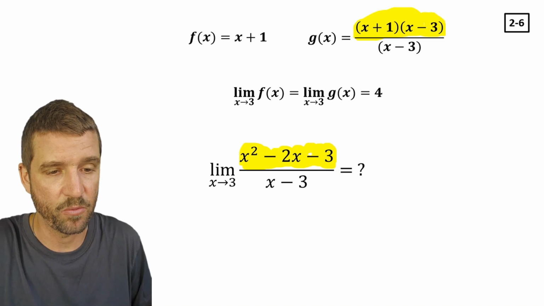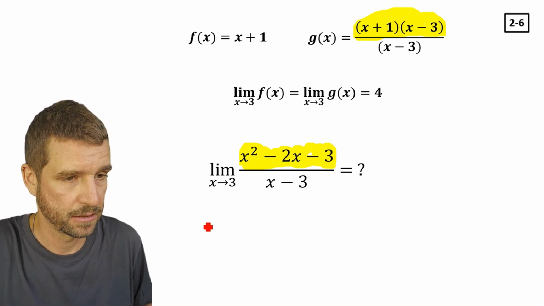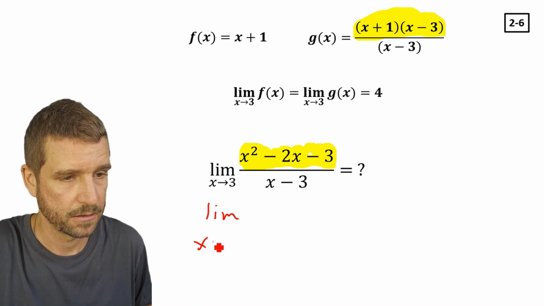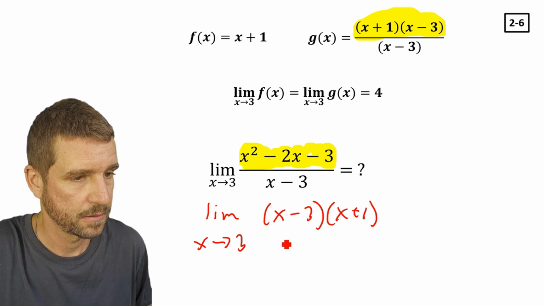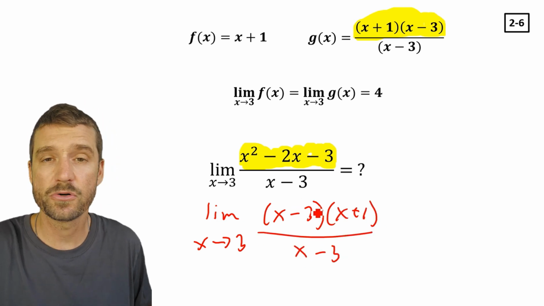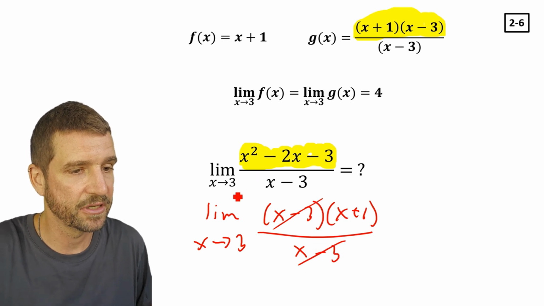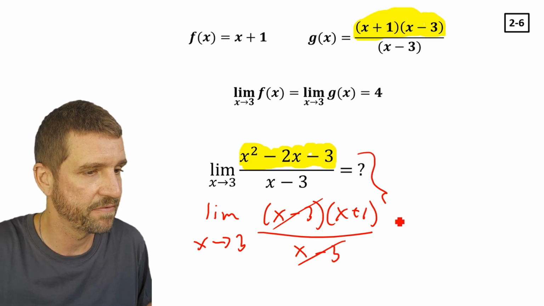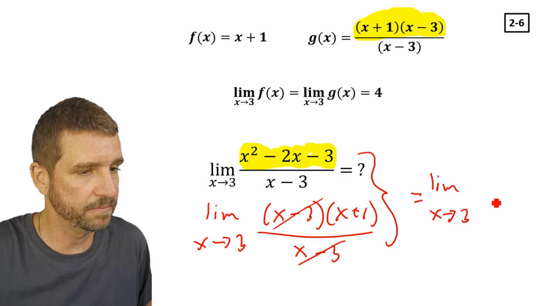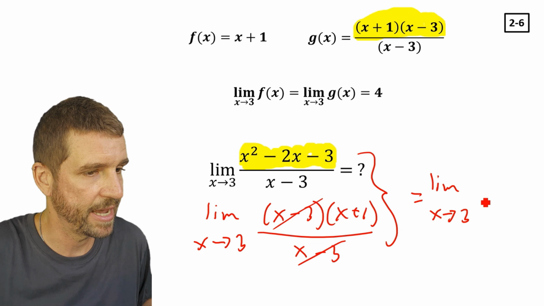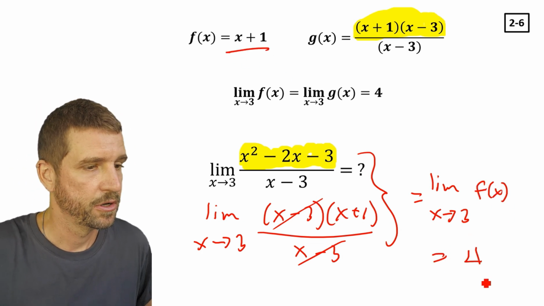Okay, so that means that we can rewrite this, and because the x minus 3's cross out, you can say that the limit of all of this will equal the limit as x approaches 3 of f of x, which is just 4. Okay?